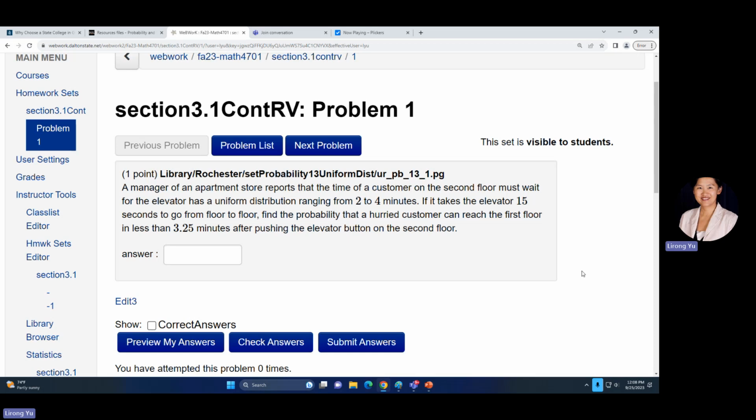So basically, the waiting time is uniform distribution between 2 to 4. If it takes an elevator 15 seconds to go from floor to floor, find the probability a hurried customer can reach the first floor in less than 3.25 minutes after pushing the elevator button on the second floor.